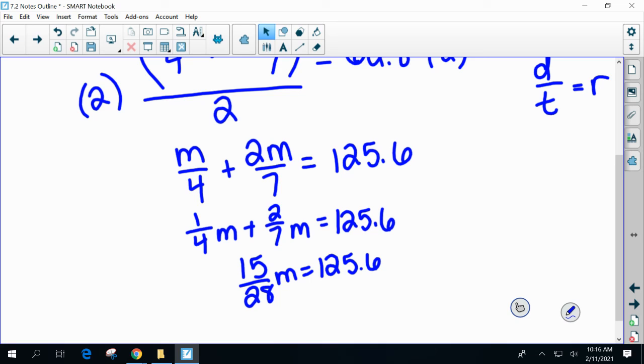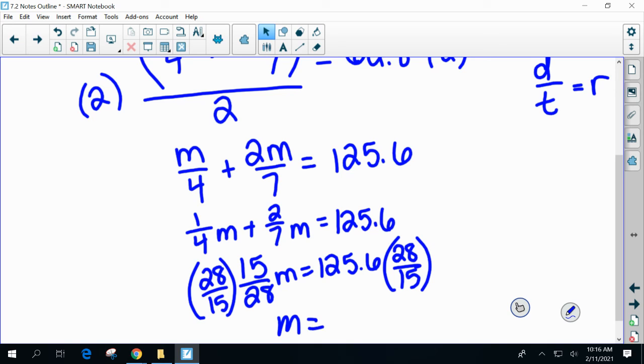And then what would I do next? Okay, multiply by your reciprocal. So multiply both sides by 28 over 15. So then M equals, I got 234.45.